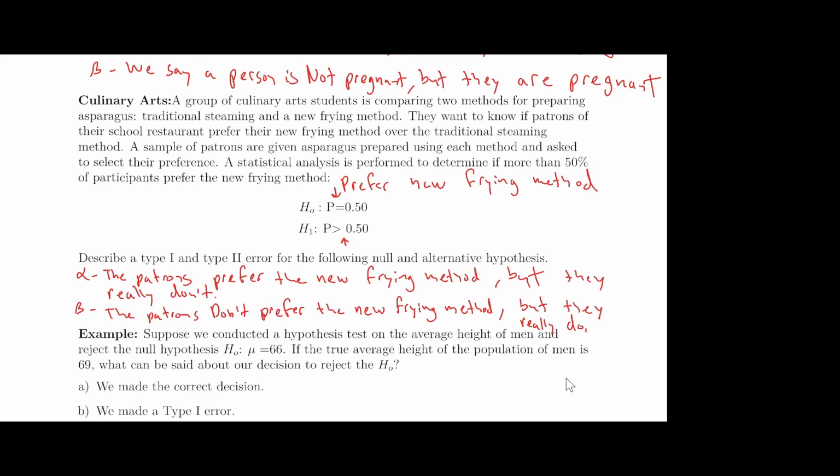So that would be our type 2 error. It would be the patrons don't prefer the new frying method, but they really do. And that's it for the second problem for type 1 and type 2 error. Any questions for the type 1, type 2 error for this last problem?